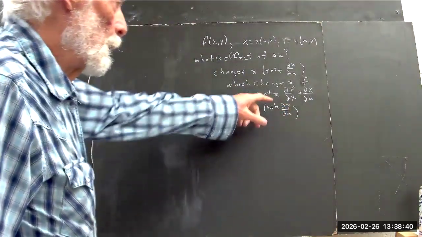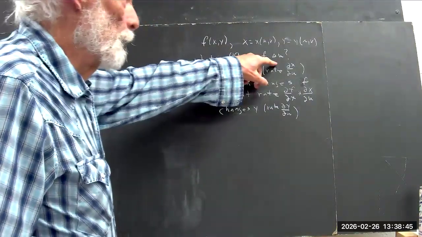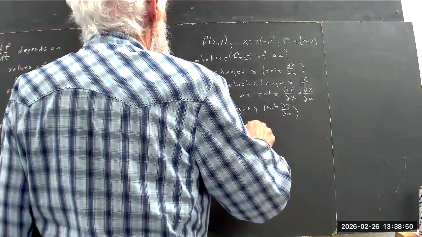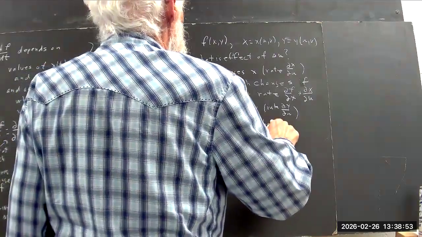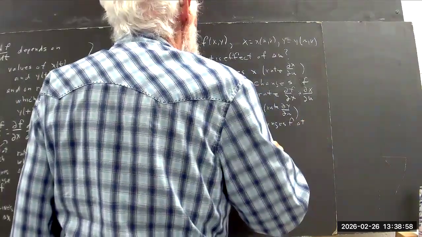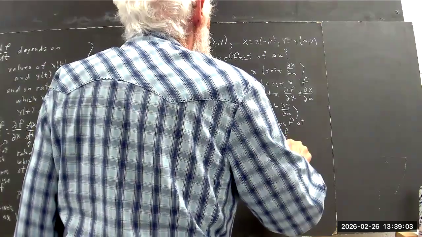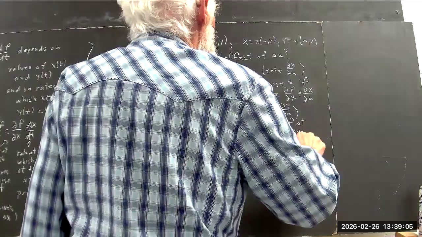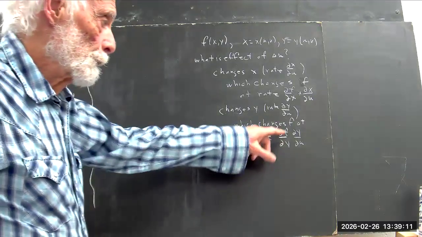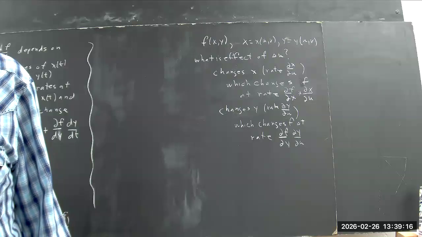It also changes y at the rate partial of y with respect to u, because we're looking at the effect of the delta u. That changes f at the rate partial f with respect to y times partial of y with respect to u.